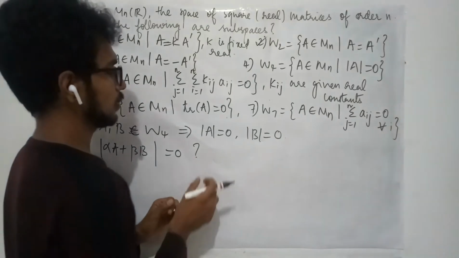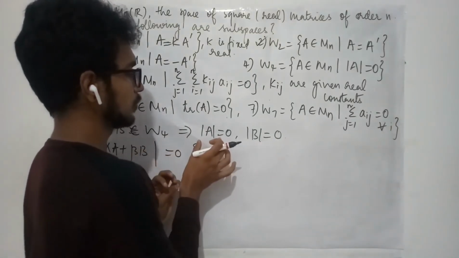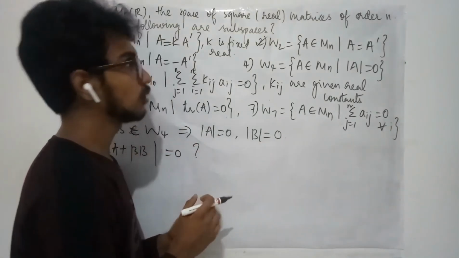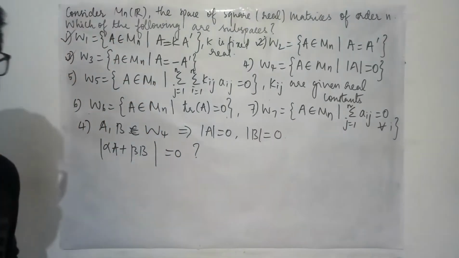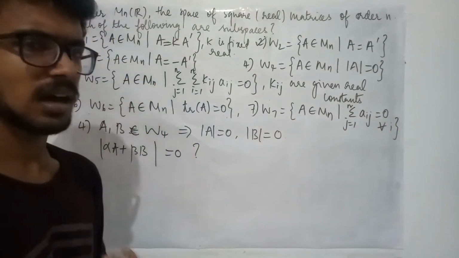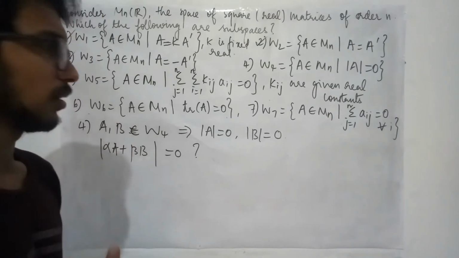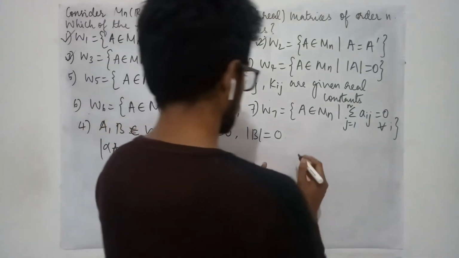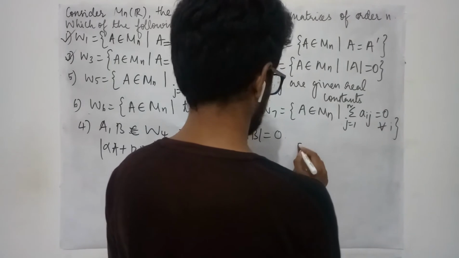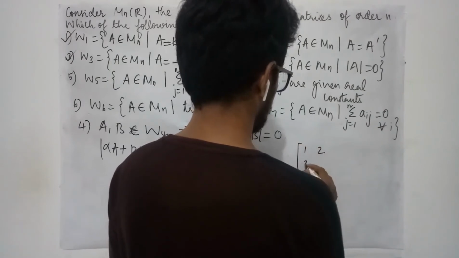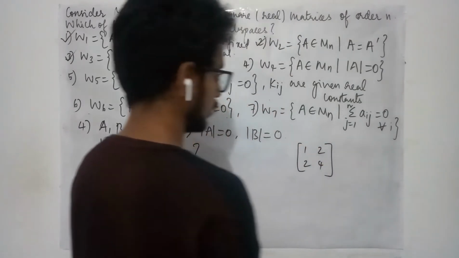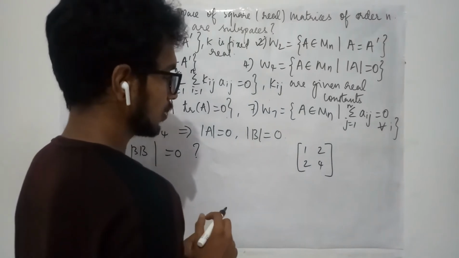Try and identify some matrices whose determinants are 0 in any Mn(R). You may choose it in M2 or M3, whichever is convenient to you. Take 1, 2, 4, and so on. This will give you determinant 0, right?